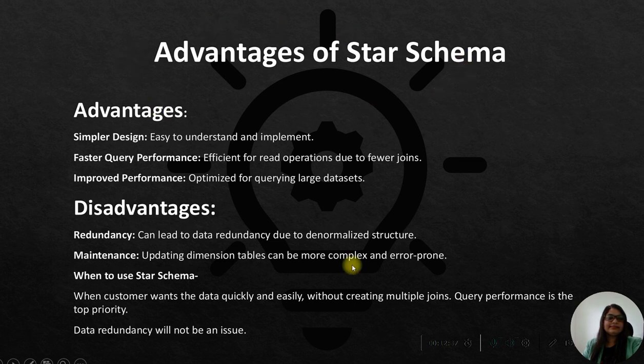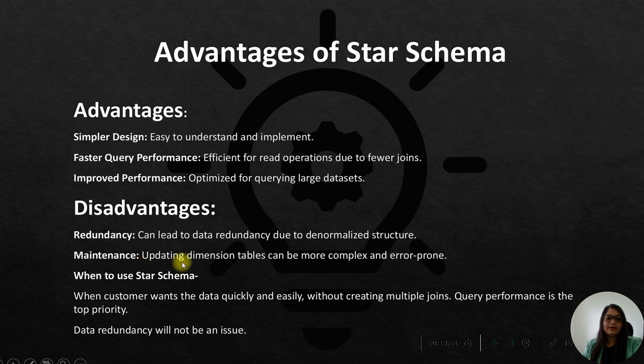Next, in this slide, we will cover the advantages of star schema. The advantages of star schema are a simpler design that is easy to understand, and high query performance. But the disadvantages are redundancy, meaning it can lead to data redundancy due to the denormalized structure.